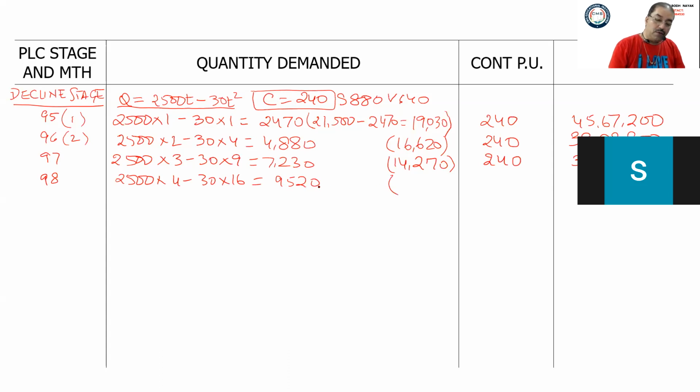My quantity 21,500 minus 9,520, 11,980, into 240. 28,75,200.